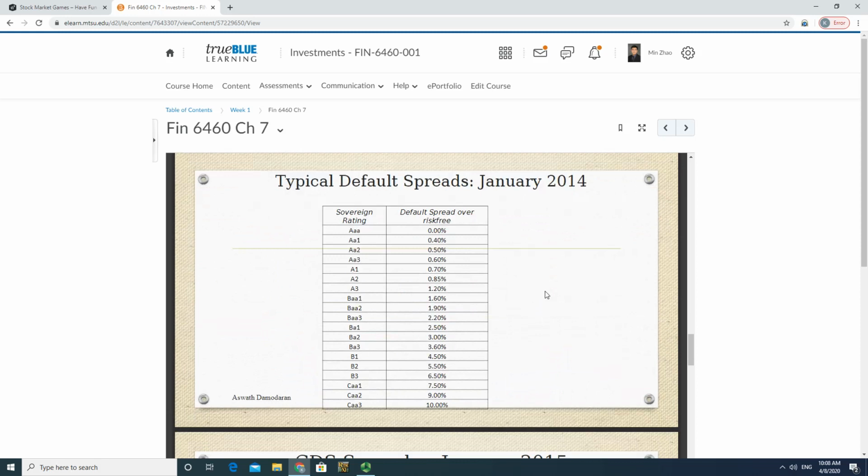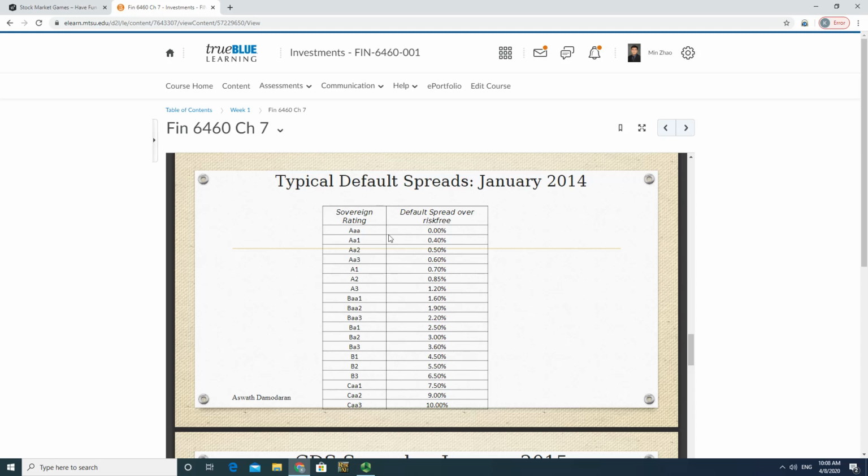And this table shows you the typical default spreads in 2004. And you see, the higher the rating of foreign government bonds, the lower the default spread. For Baa3, the default spread is 2.2%. For Caa3, it's 10%.